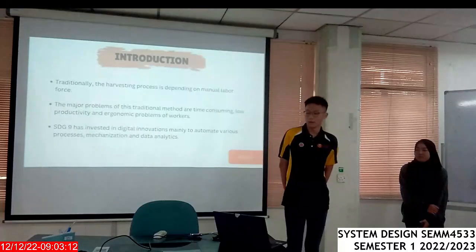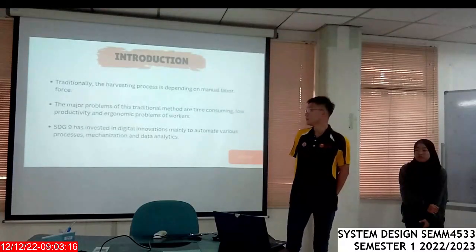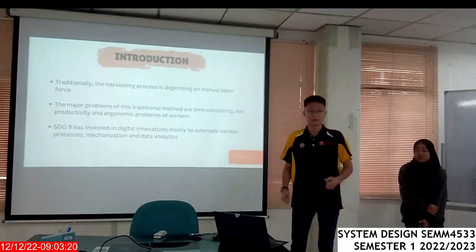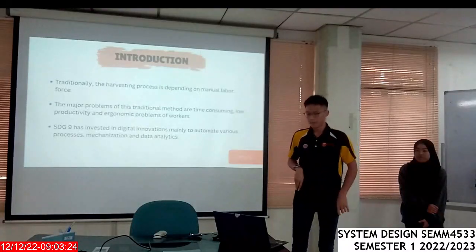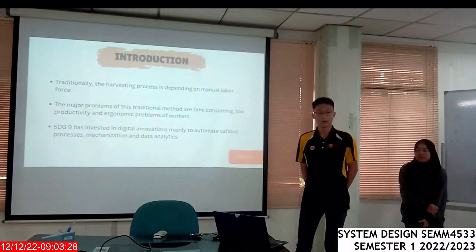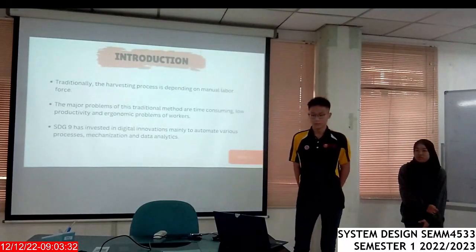For our introduction, traditionally the harvesting process depends on manual labor, with workers using a hoe to cut. The major problem with the traditional method is that it is very time consuming and the productivity is very low.